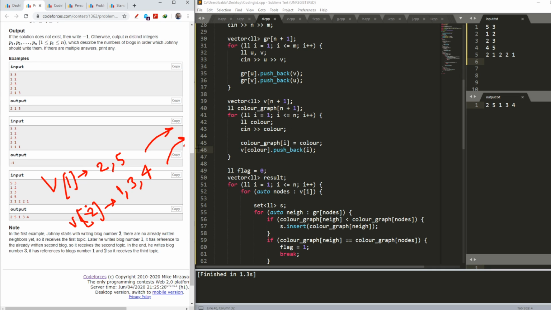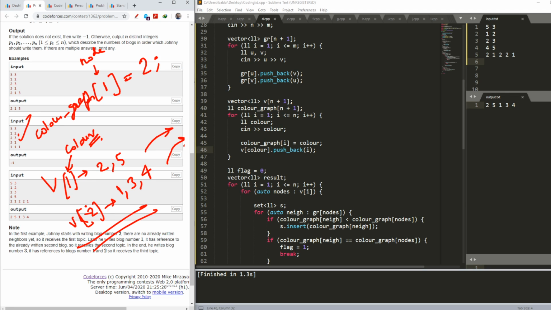And the color of graph will store, for a particular node, what its color is. So for node 1, the color is 2. So it indicates this, and the v vector indicates this.